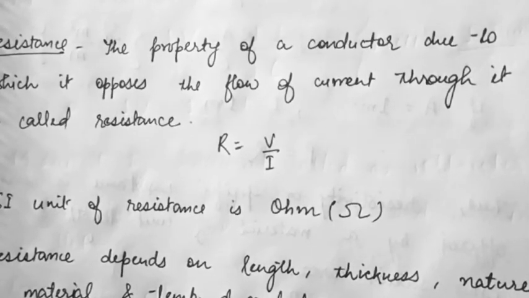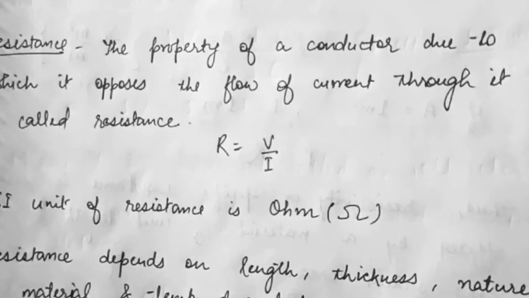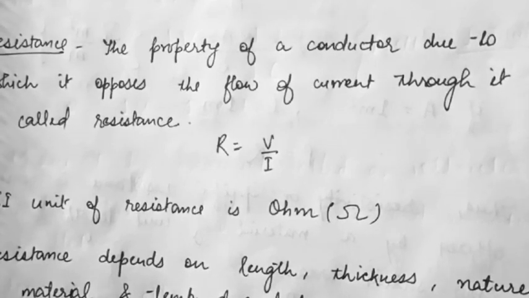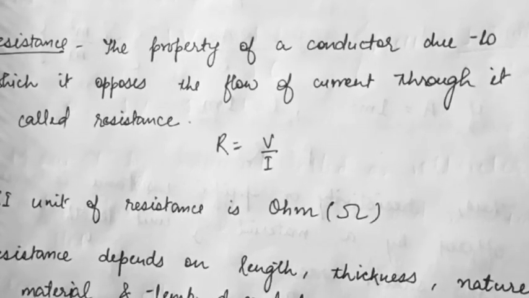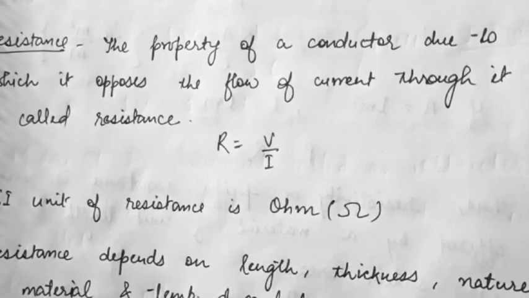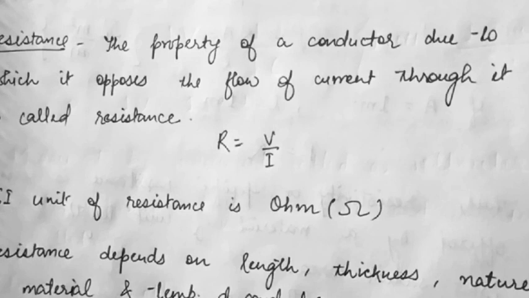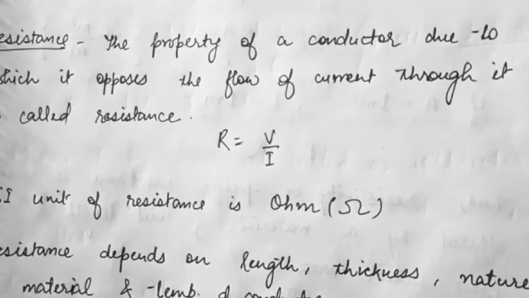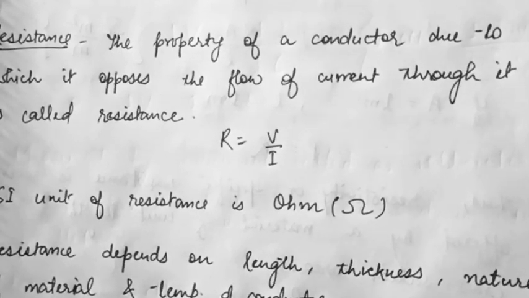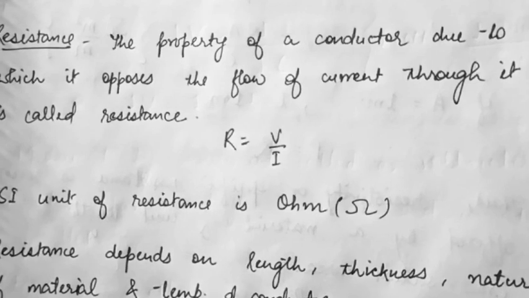We have seen in an earlier class the symbol of resistance, and I told you that it is nothing but a hindrance in the path of current. If we have to define resistance, it is the property of a conductor due to which it opposes the flow of current through it.